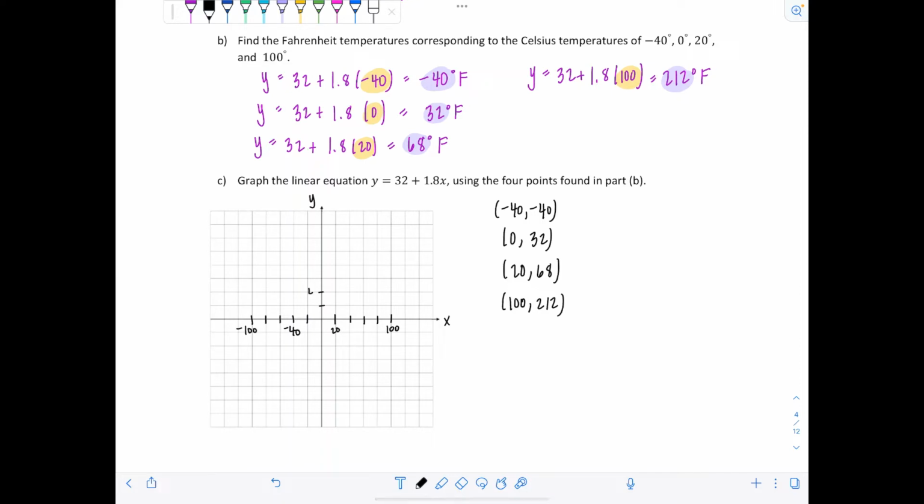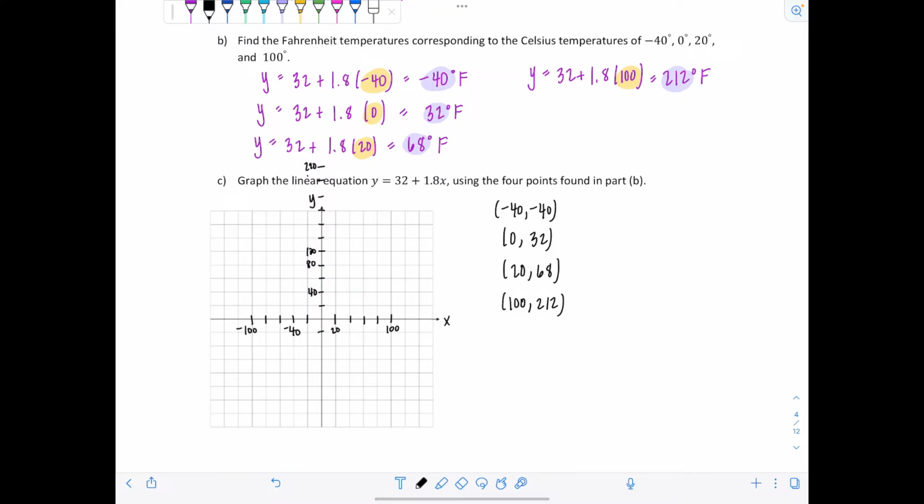So 20, 40, 60, 80, 100, but then 212 is going to be off the charts. 120, 140, 160, 180, am I going to do it? 200, and then that would be 220. I don't know. We'll see how our mood takes us once we get there.